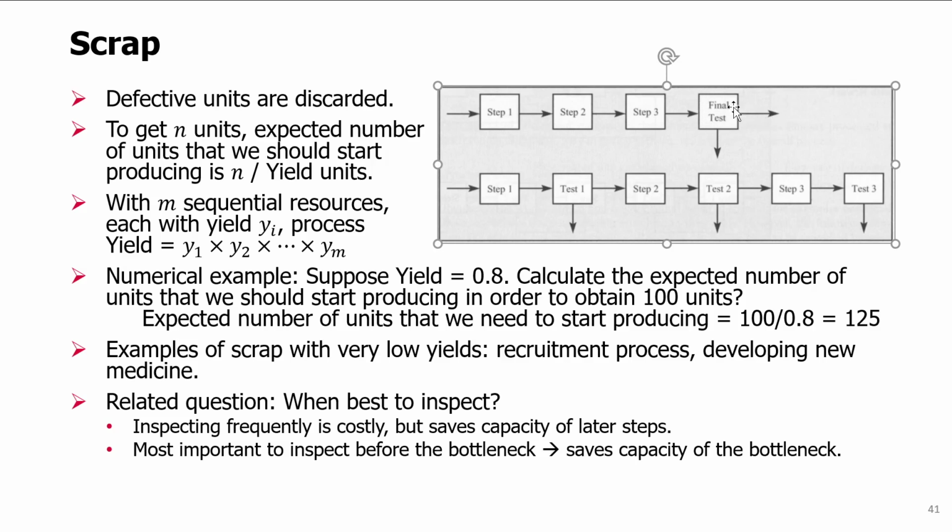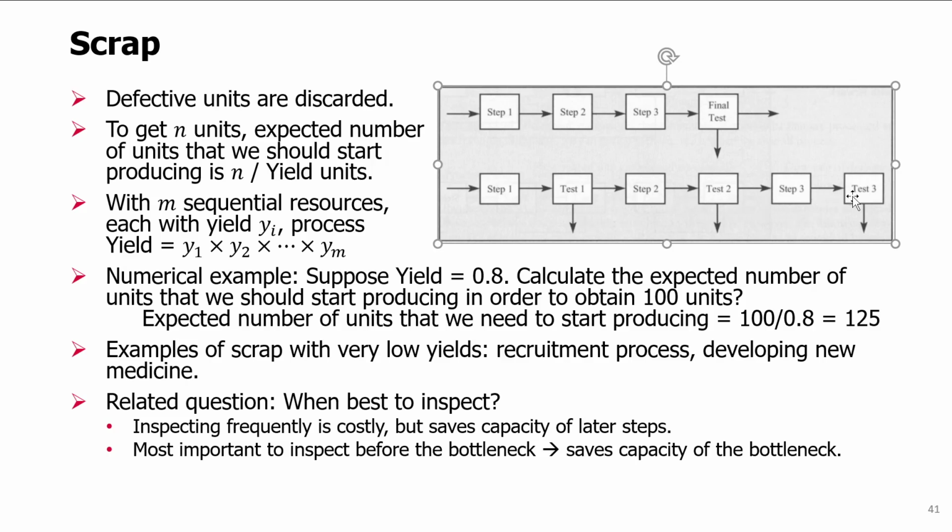This has the advantage of a low cost of testing, perhaps one point of testing, one testing resource. But the disadvantage is that maybe the defect was introduced early in the process and we just wasted valuable time of step 2 or step 3, the resources that were performing those. An alternative is to test after every step, right?